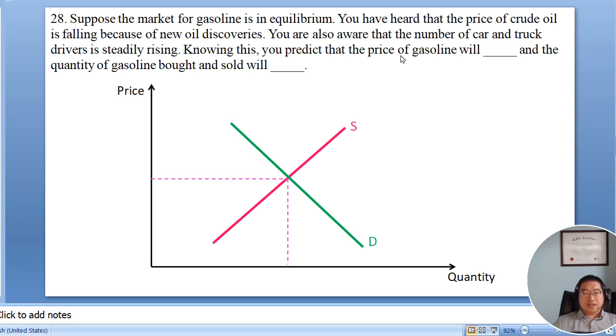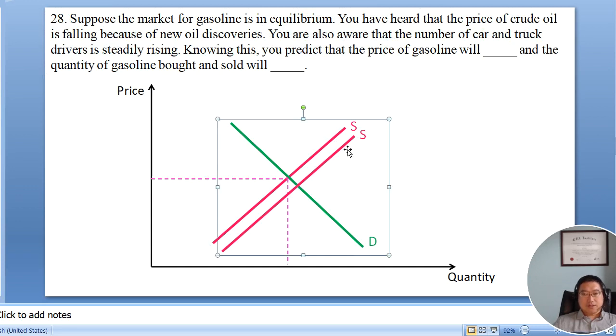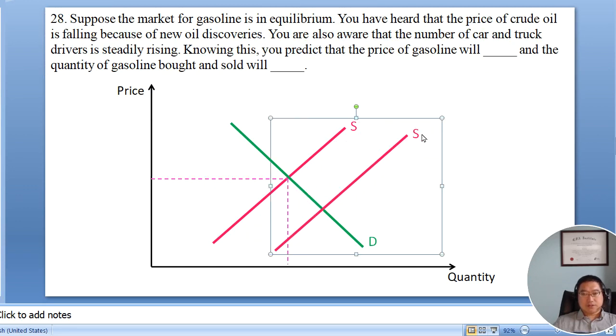Let's look at this question 28 in the picture. So the input of gasoline becomes more abundant. Okay, it's cheaper. So the supply actually increases. So this is the new supply, and then more drivers on the road.